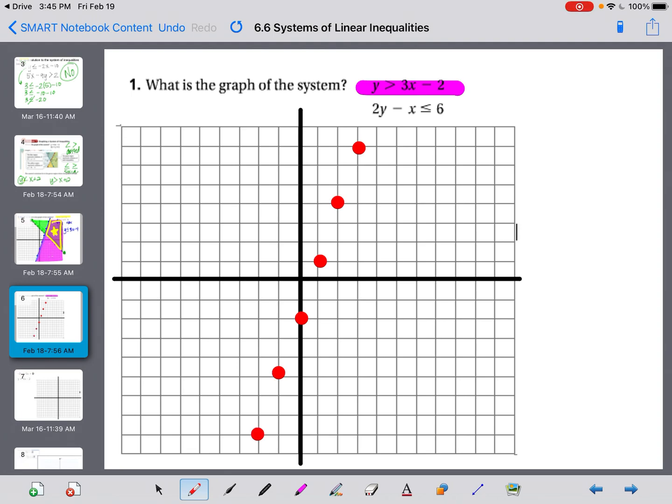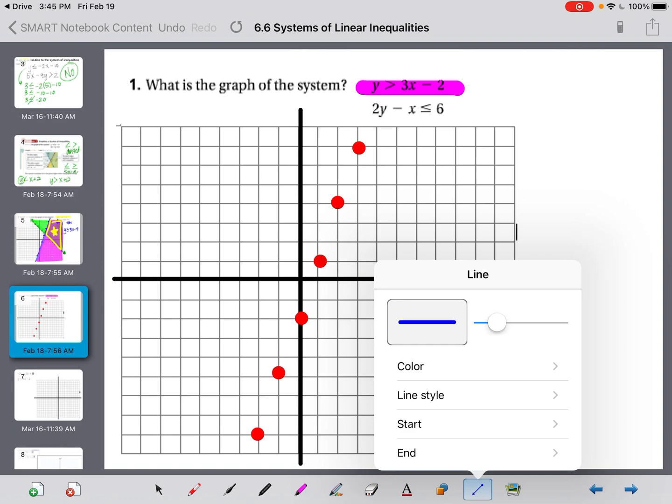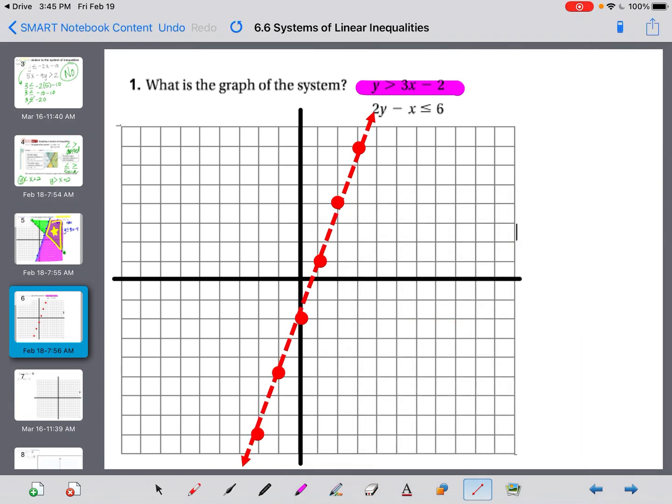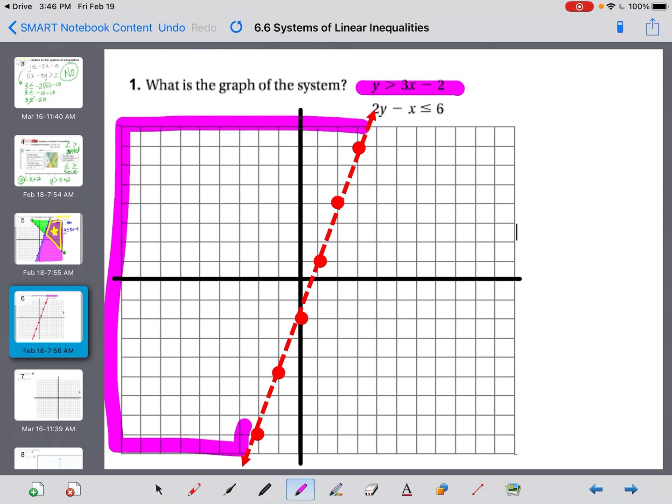That one does not have an equal to bar, so I'm going to make that line dotted. Okay, and the y is on the open side, the greater than side, so I'm going to shade everything greater than or above that line.